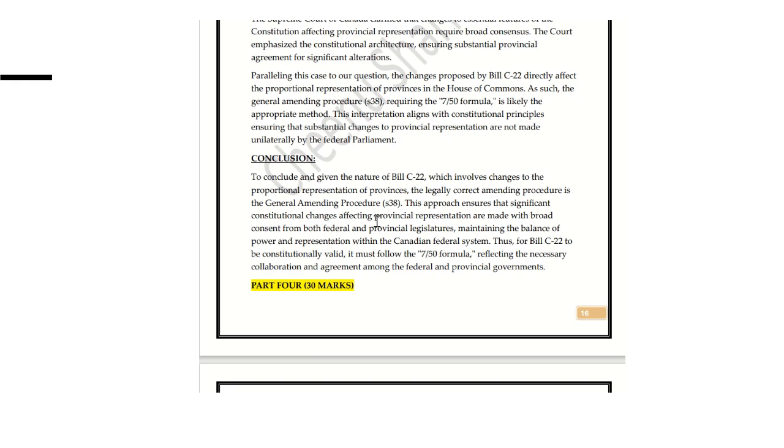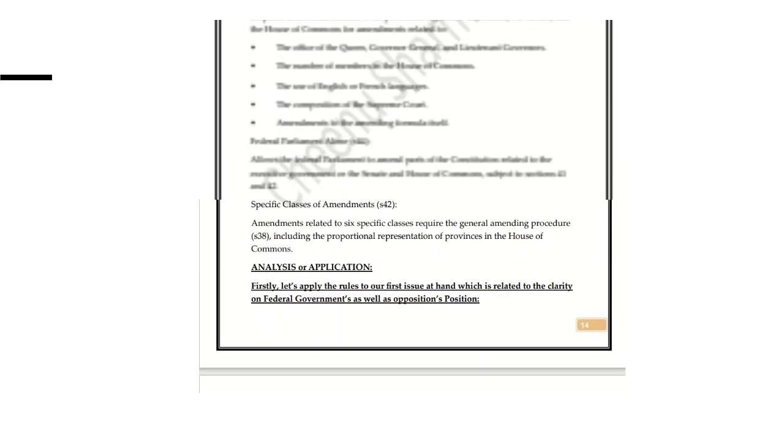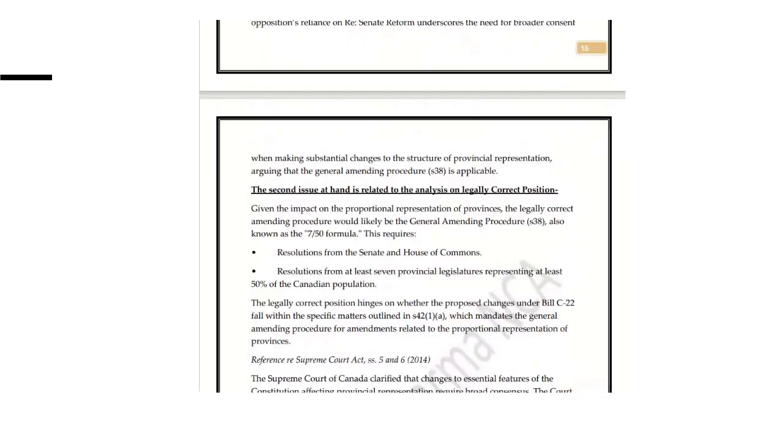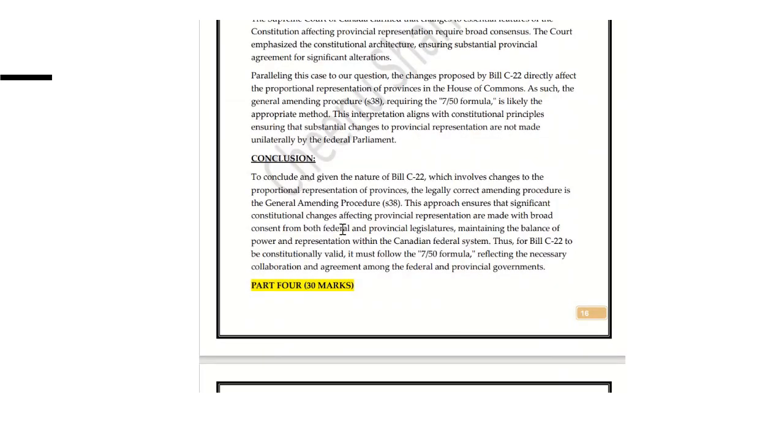Don't repeat things here. Like, to conclude, and given the nature of Bill C-22, which involves changes, the legally correct amending procedure is this. So the answer-writing checker gets a straight answer: whatever you have mentioned above in your analysis under your rules, you are trying to bring all those things into one line. So you are clear in your mind. There is no confusion in your mind.